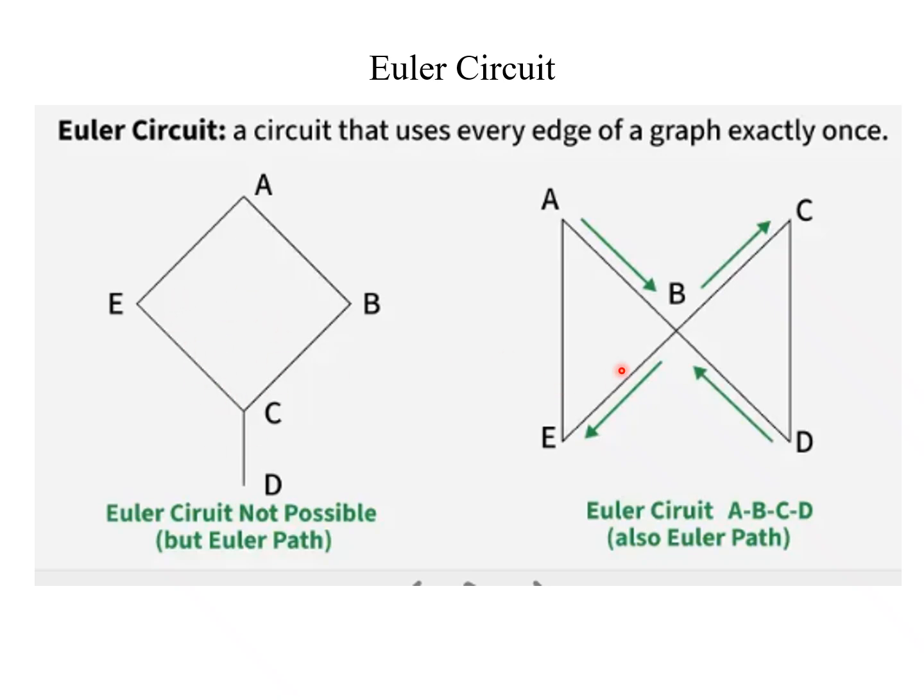Considering the right side of the graph, we start from vertex A to B, B to C, C to D, D to B, B to E, and E to A. So here we form a circle like this. So this is the Euler circuit, a path from vertex A to again the same vertex A.